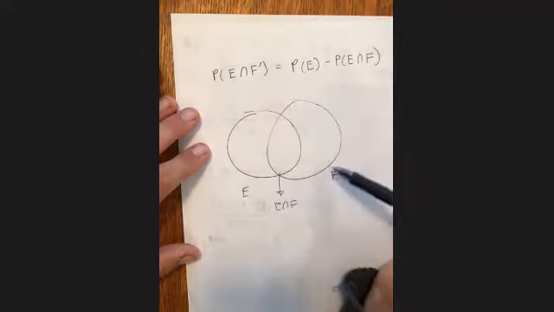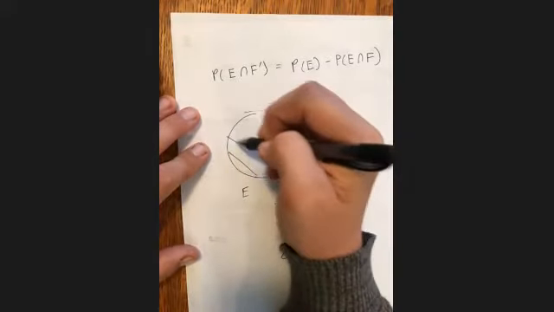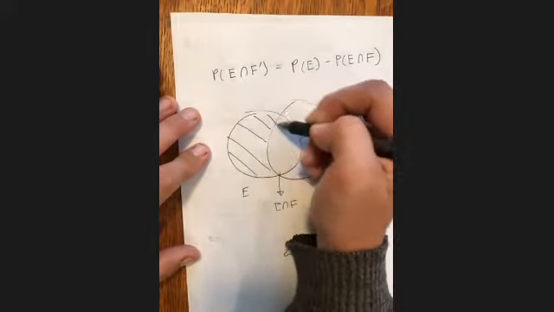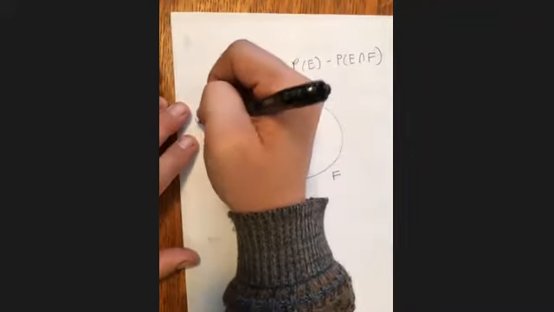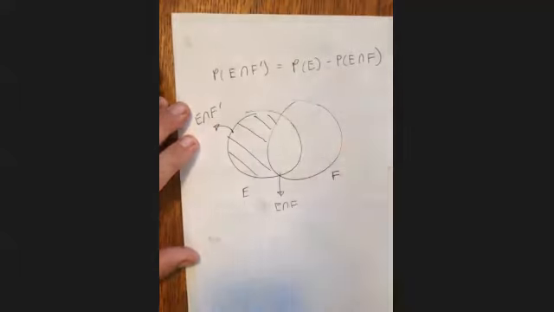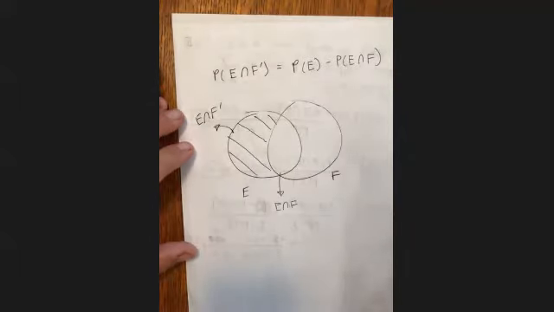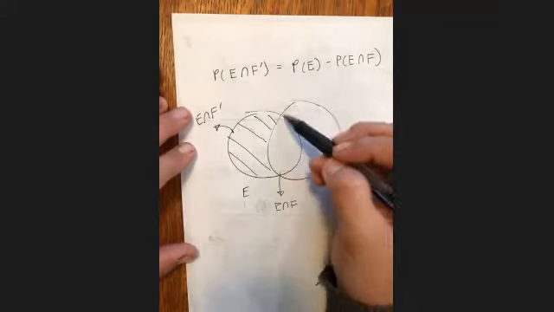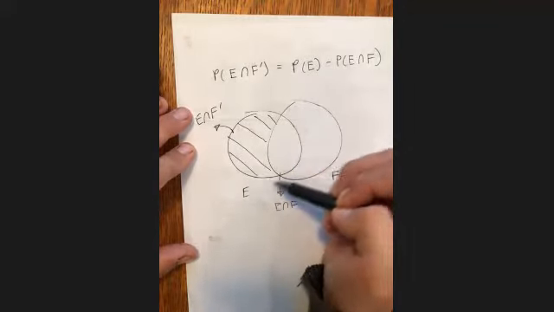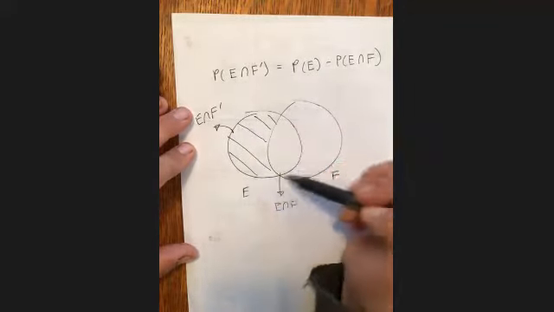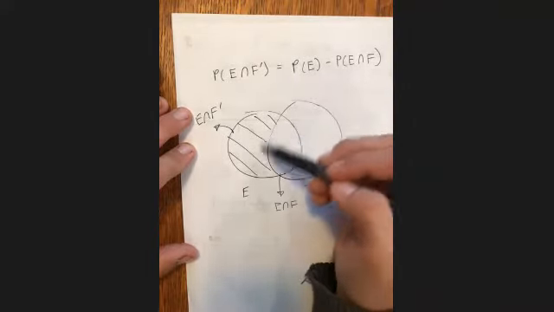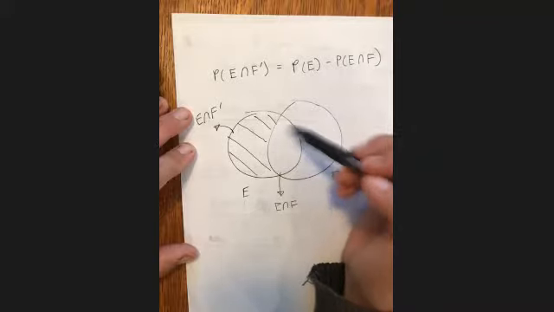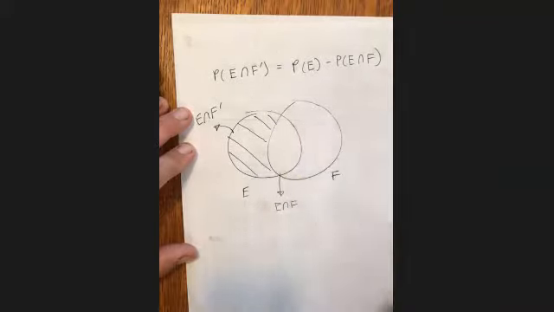So if we look at this Venn diagram, that actually is this little crescent moon right here. That's E intersect F complement. So you can see that that shaded area is equivalent to the E minus E intersect F. We take away E intersect F, and we're left with E intersect F complement.